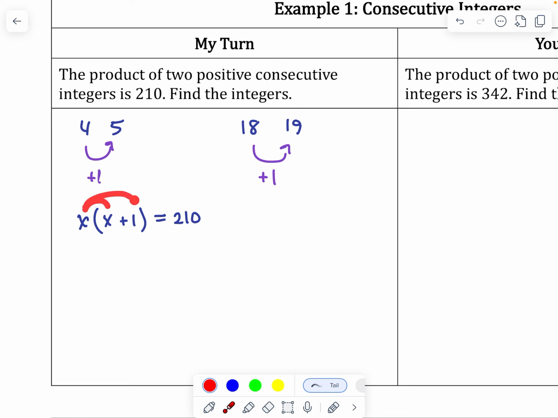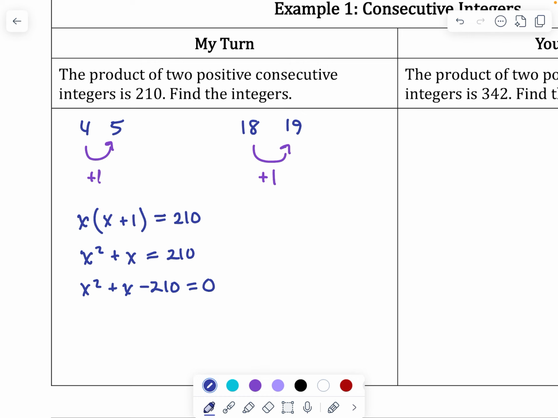I'm going to start by distributing the x. This gives me x squared plus x equals 210. And then I need to subtract the 210 to the other side, which gives me x squared plus x minus 210 equals 0.